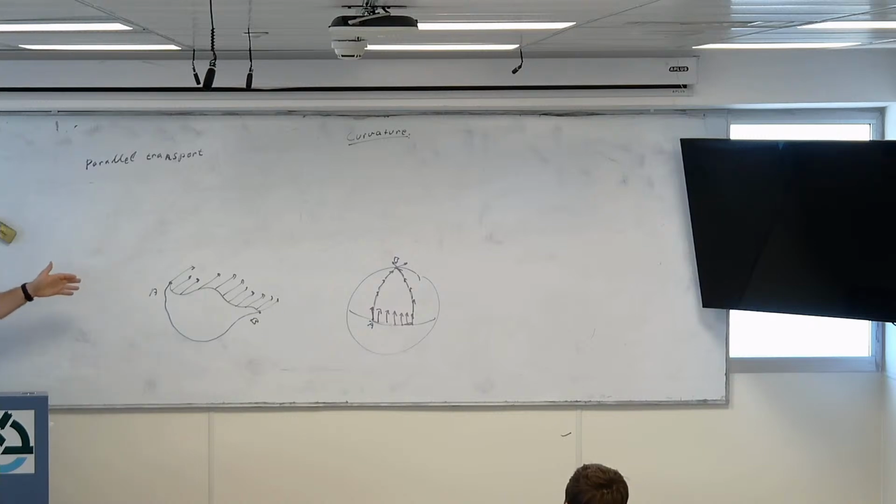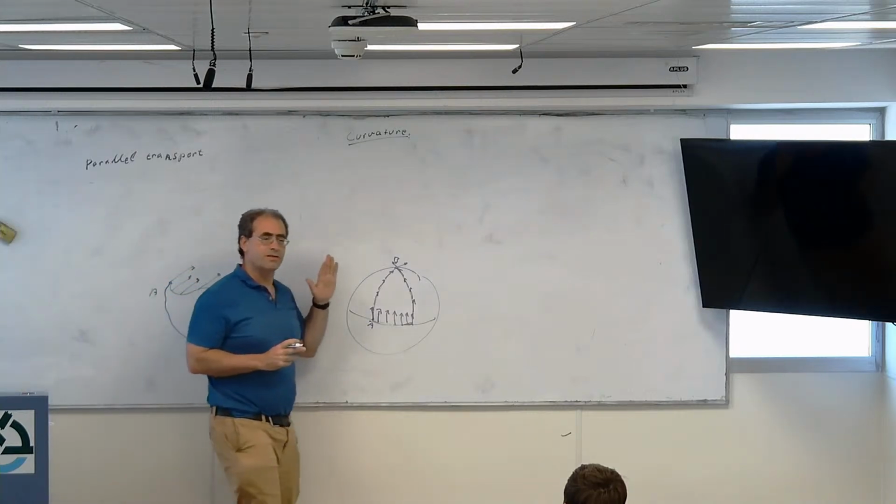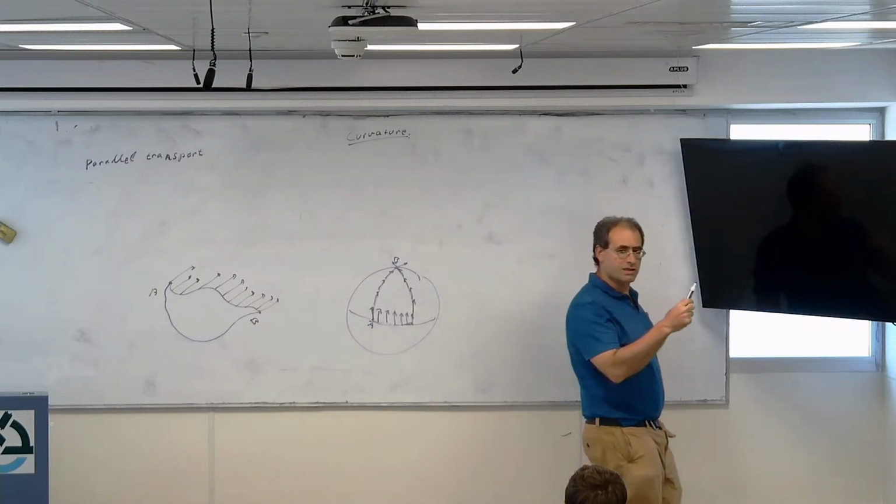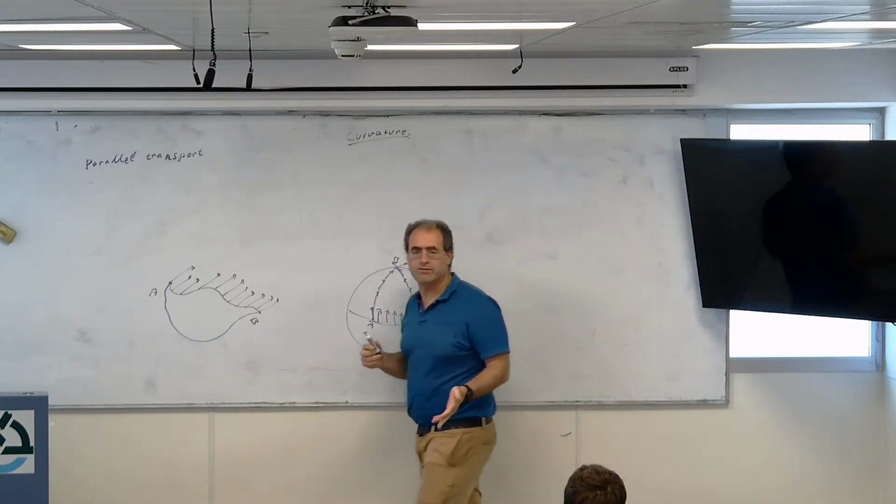What does it mean, parallel transport? What is the mathematical definition of this intuitive concept, that I keep a vector and I transport it parallel to itself? What would be a mathematical definition?